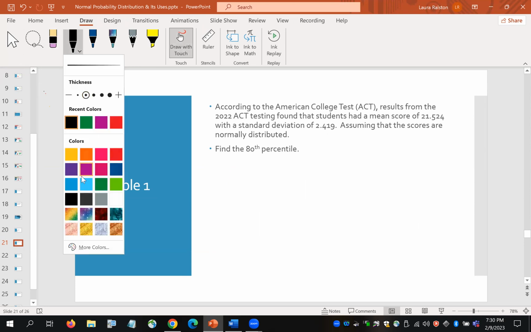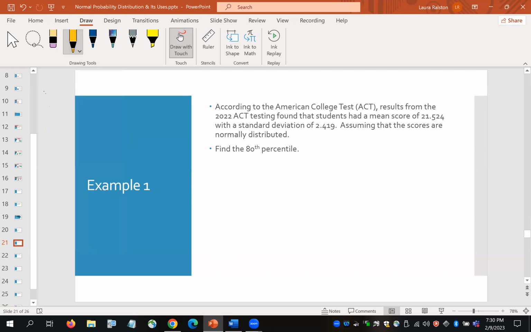This problem is the same one that we've been looking at. According to the American College Test, results from the 2022 ACT testing found that students had a mean score of 21.524 with a standard deviation of 2.49 and that the scores were normally distributed. Find the 80th percentile. So again, for emphasis, it clearly tells us in the problem that it is normally distributed.